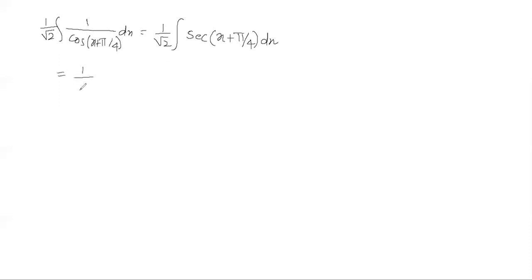So what I will do, I just take the constant out of the integration, and here I get 1 upon root 2, integral of 1 upon cos of x plus pi by 4 dx. If we keep cos in the numerator, it seems like the reciprocal of cos is sec. So we can write it as sec of x plus pi by 4 dx, right? Now apply the VIP integration formula.